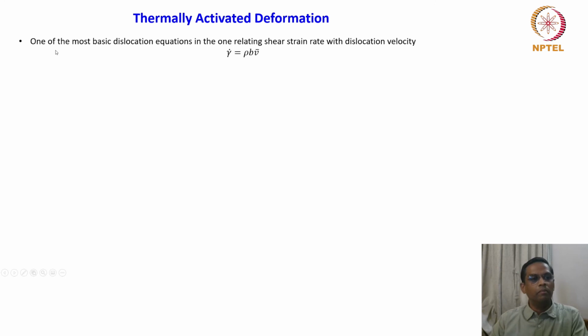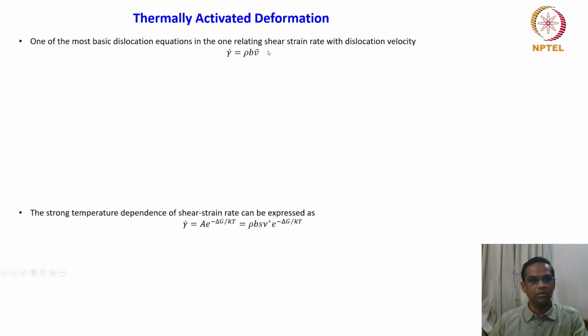One of the most basic dislocation equations relating shear strain rate with the dislocation velocity is gamma dot equal to rho b v bar. This equation is also familiar to us. We looked at this when we studied dislocation density, and also in some tensile deformation.